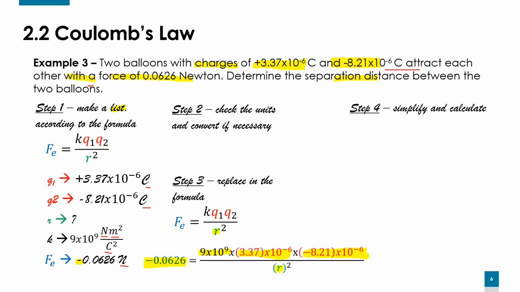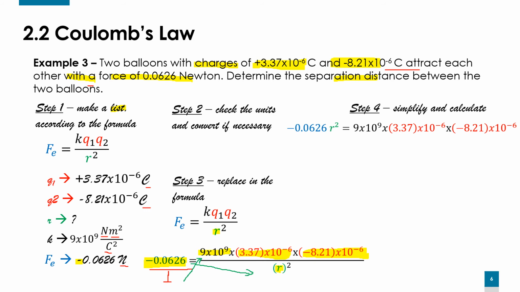Okay, step 4. Let's simplify. How can we simplify? What's the first step we can do? I guess the easiest way is to do cross multiplication, because this one is over 1. So 0.0626 times r to the power of 2, and 1 times everything else. What's the second thing I can do?